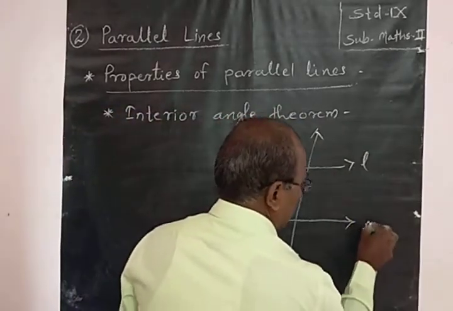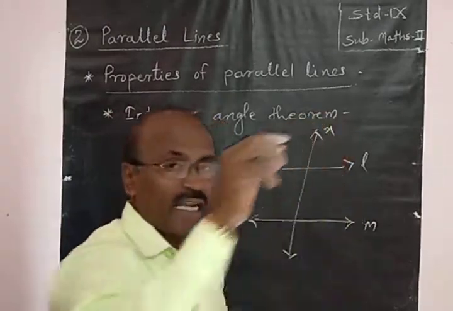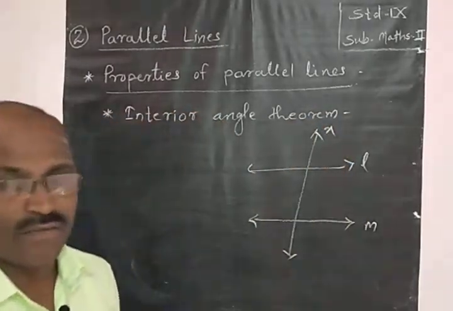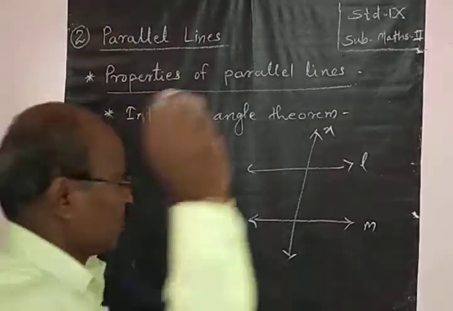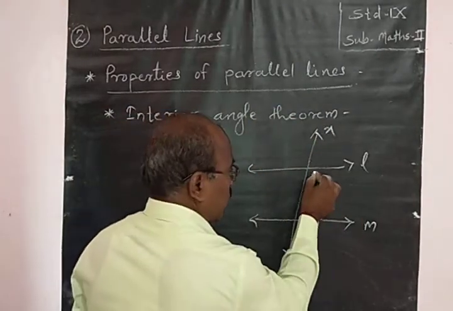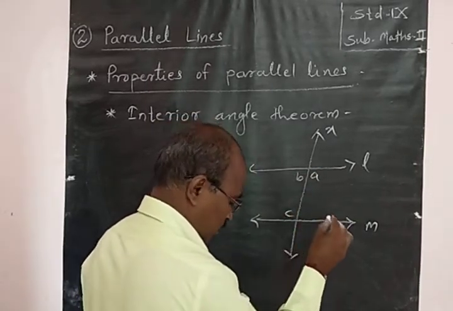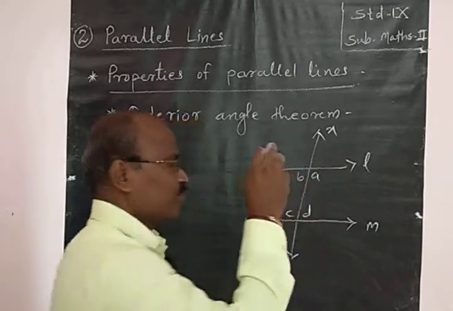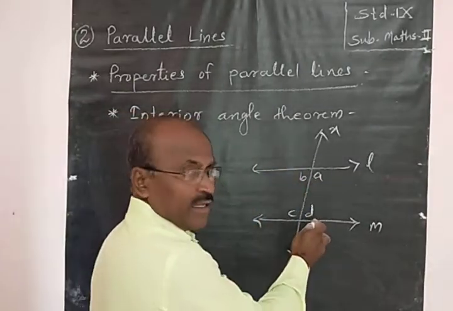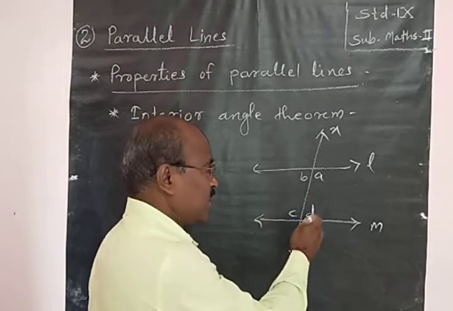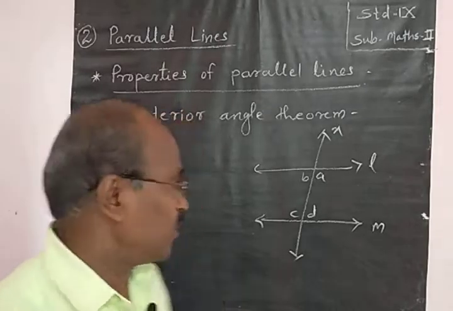Suppose here line L and line M are parallel to each other, and line X is a transversal which intersects the lines L and M at two points. Suppose these two are the interior angles. A and D are a pair of interior angles, and B and C are another pair of interior angles. What is the theorem here?